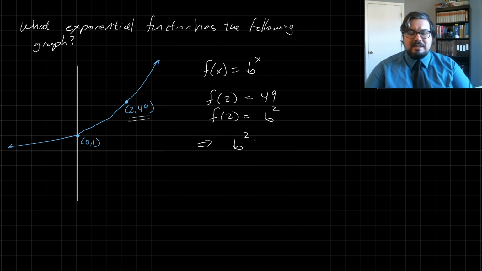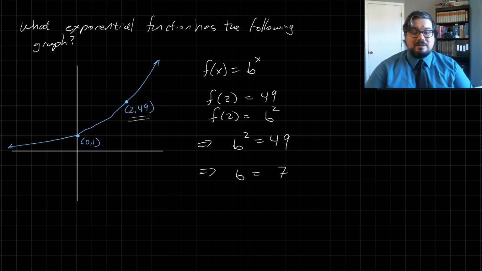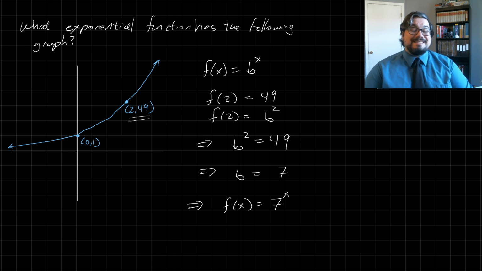So that means that b squared has to equal 49, which means that b has to equal plus or minus 7, but remember that the base of an exponential can never be negative. So in fact, b has to equal just 7, which implies that the function f of x with that graph is the exponential function 7 to the xth.